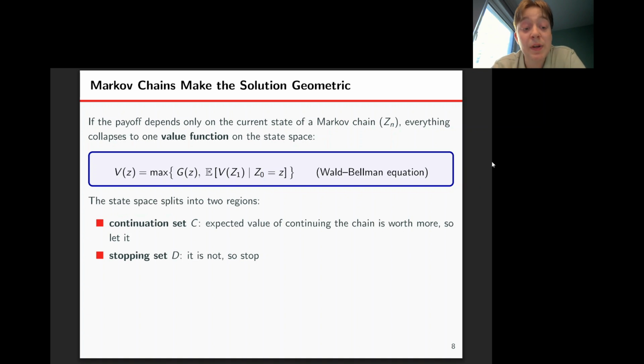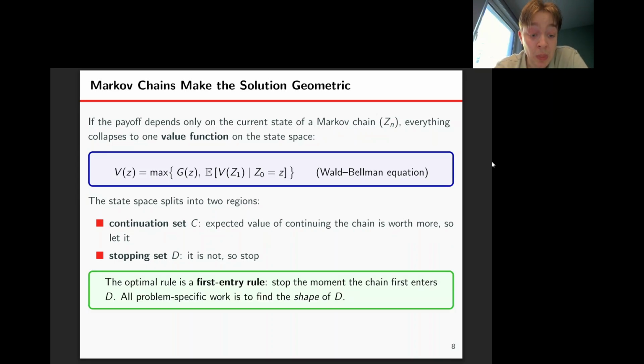And this is really nice because it splits the state space into two separate regions: the continuation set C, where the expected value of continuing the chain is worth more, so we let it continue, and the stopping set D, where the expected value of continuing the chain is not worth more, so we stop it. The optimal rule here is just the first entry rule, where we stop the moment that the chain first enters the stopping set D, and now all problem-specific work from this point on is just to find the shape of D.